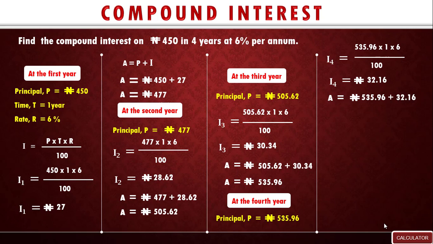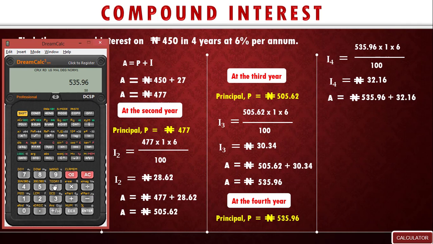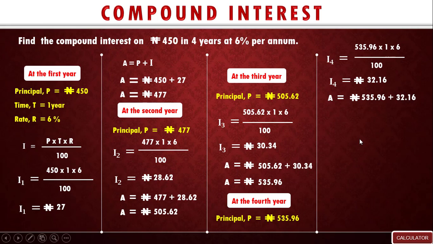Let's use our calculator to do that. 535.96 plus 32.16 equals to, enter. That gives 568.12. So our amount is 568.12. This is the amount that we got for the 4th year.